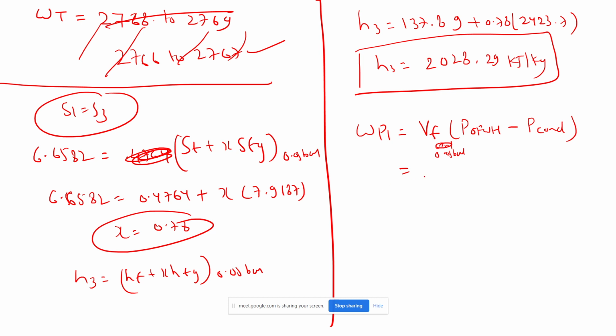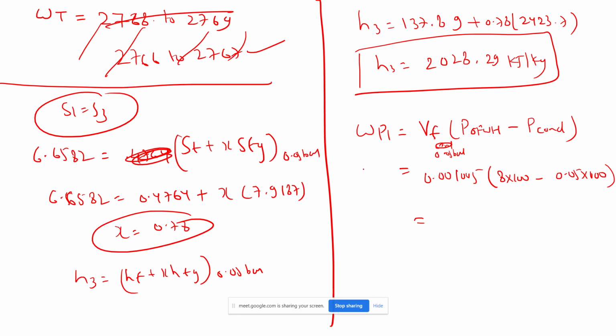The value of Vf is 0.0010005. So the open feed water heater pressure is 8 into 100 minus 0.05 into 100, considered in kilopascal, converting bar into pascal by multiplying by 100.